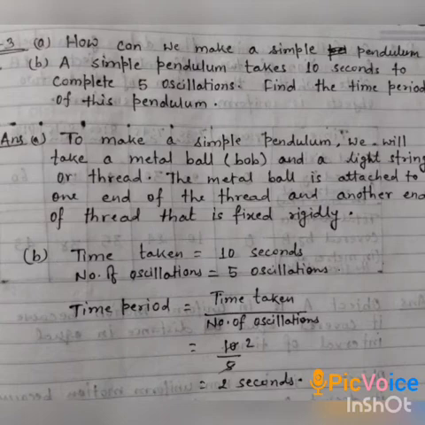Now B: time taken given in the question is 10 seconds and the number of oscillations is 5. So time period is equal to time taken by number of oscillations, that is 10 seconds by 5. So the time period of the pendulum will be 2 seconds.